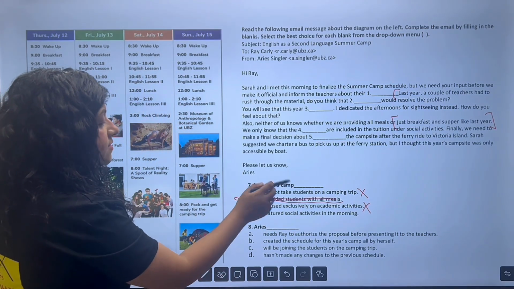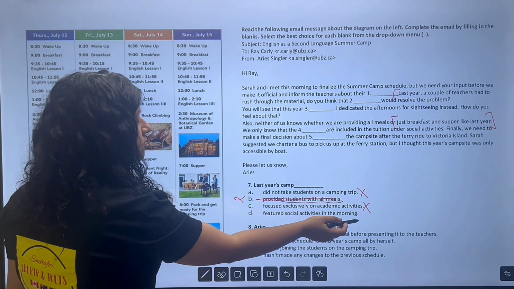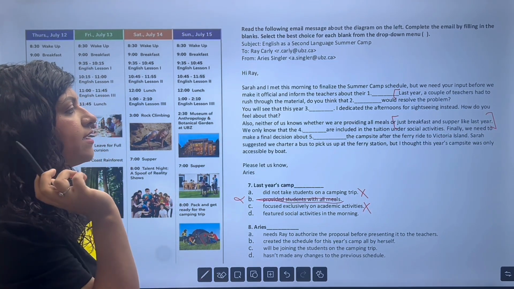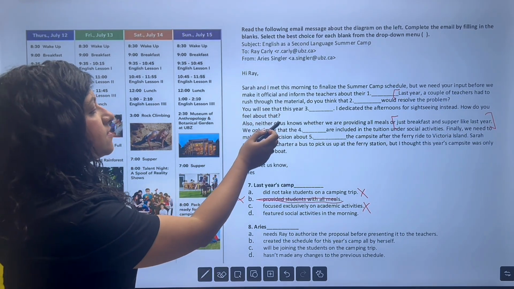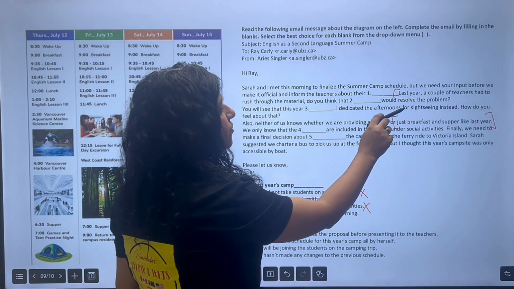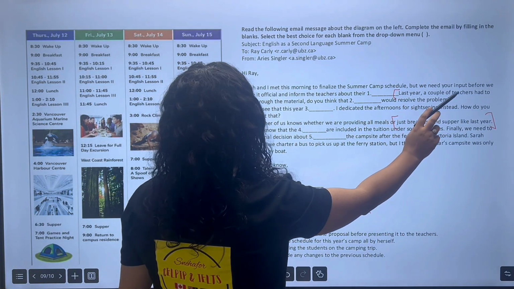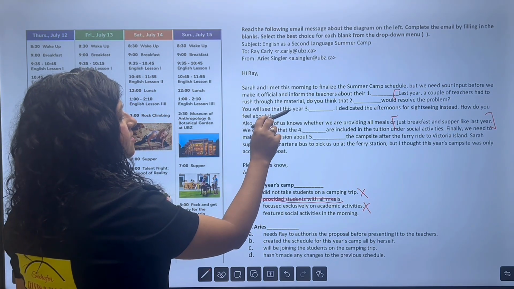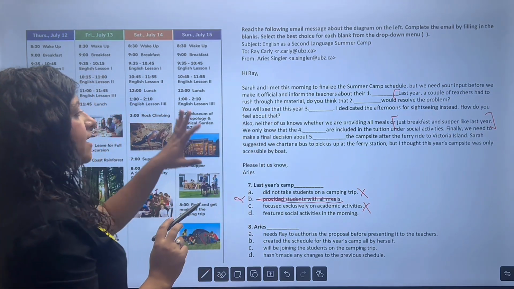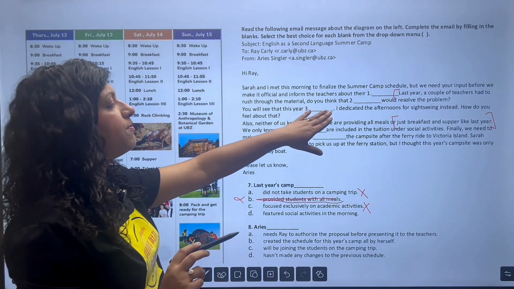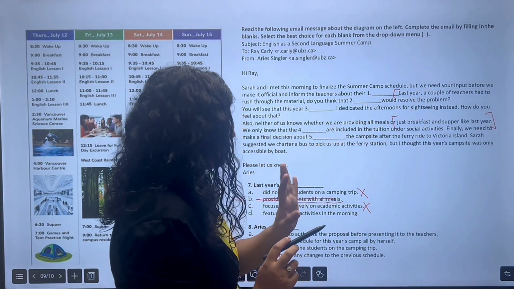Now, last year's camp featured social activities in the morning. And that is why this person is saying that I dedicated the afternoons for sightseeing instead. You will see that this year there are activities included, and these activities have been included in the afternoon.